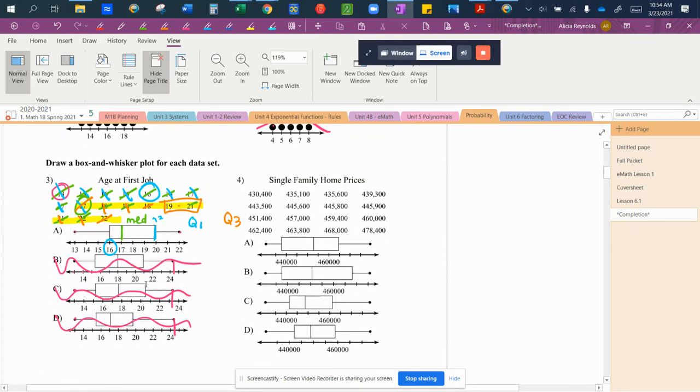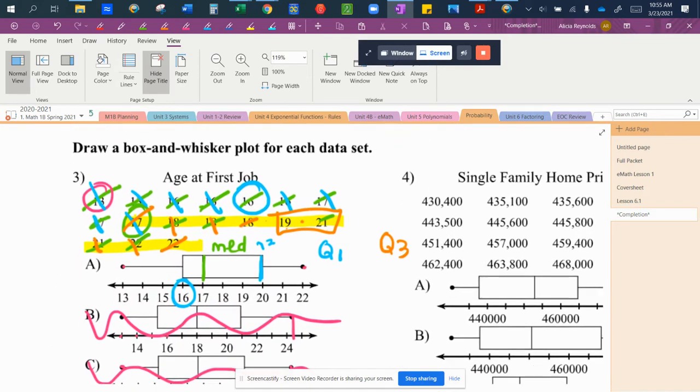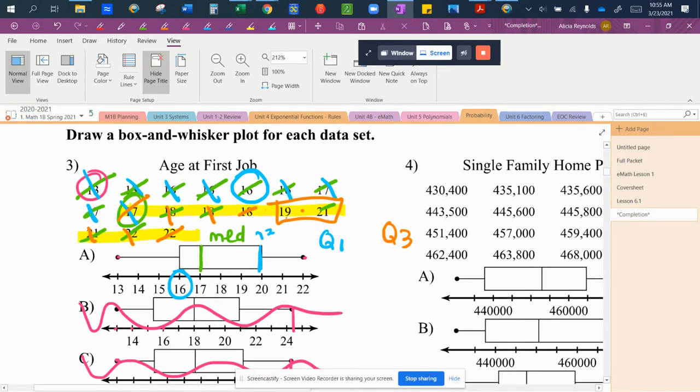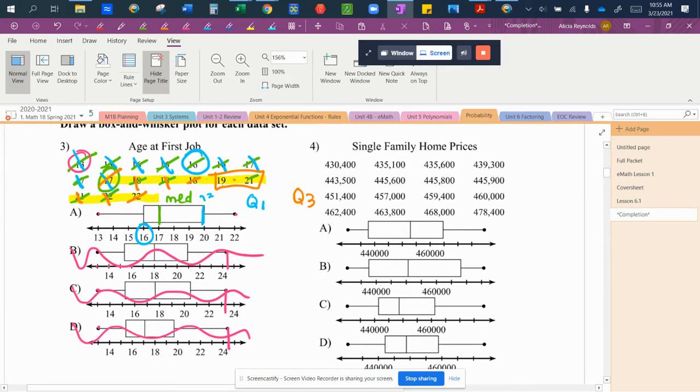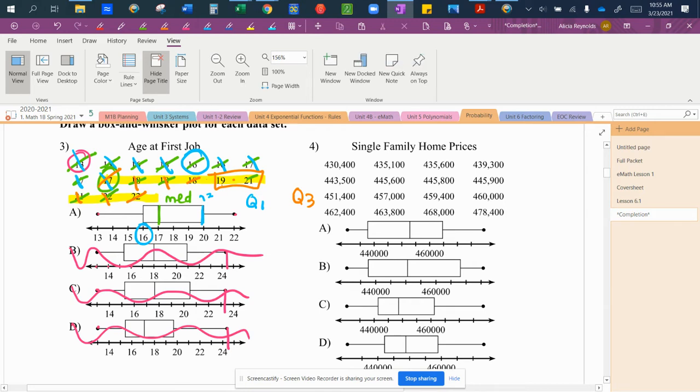Okay. Then we have the box and whisker plot. This looks a little crazy, but if we look at the colors, it makes it easier to figure out what's going on. The first thing that we use is our max and min. I had the 22 circled.